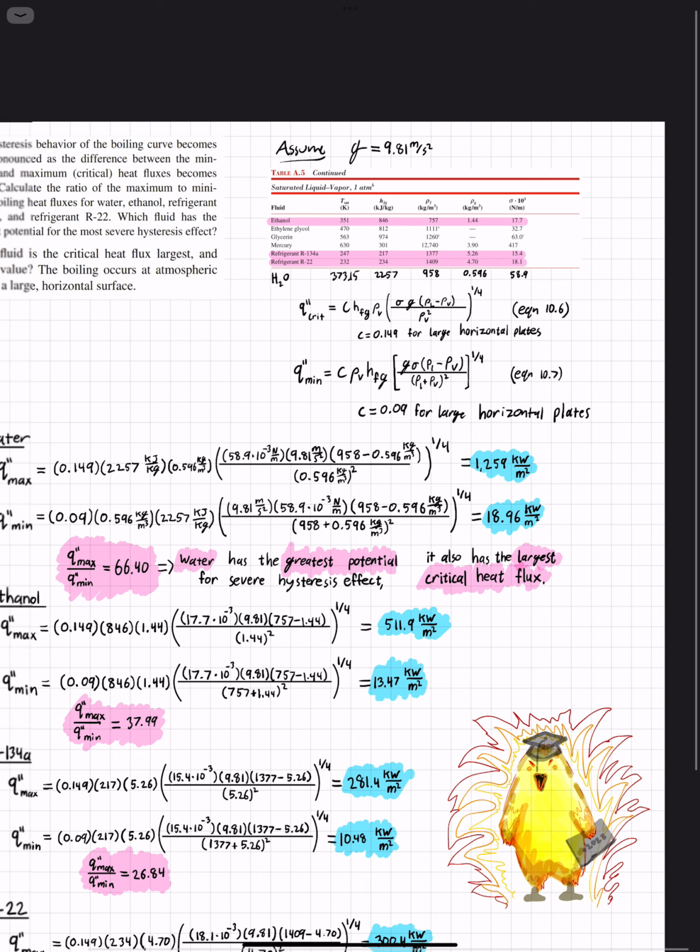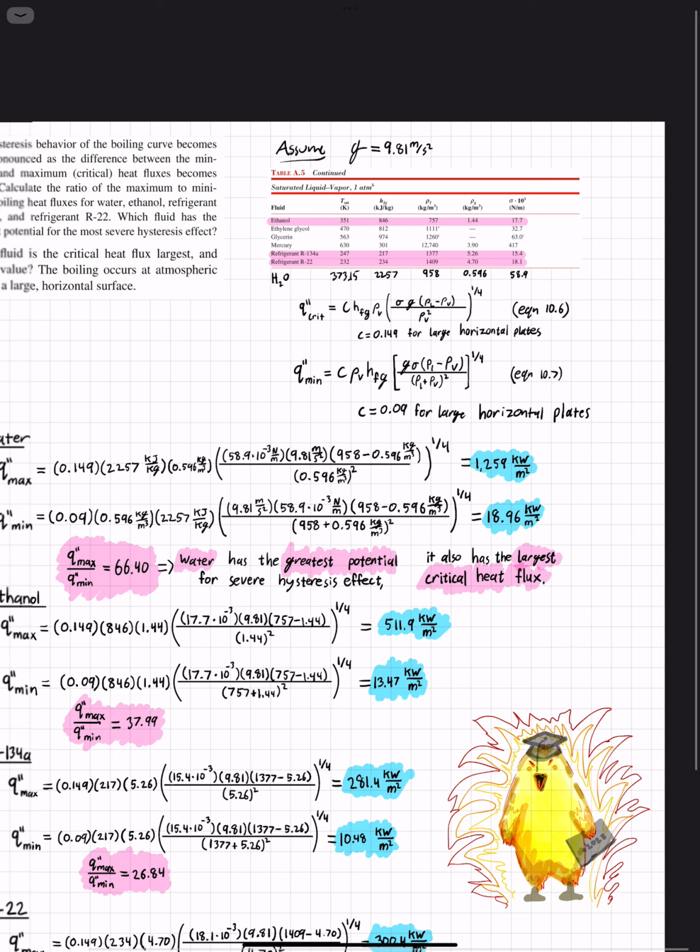So we know that for water, the critical heat flux is equal to 0.149, again that's the C given in the book, times 2,257 kilojoules per kilogram, that's the h_fg that we found in the tables, times 0.596 kilogram per cubic meter, the density of the vapor.